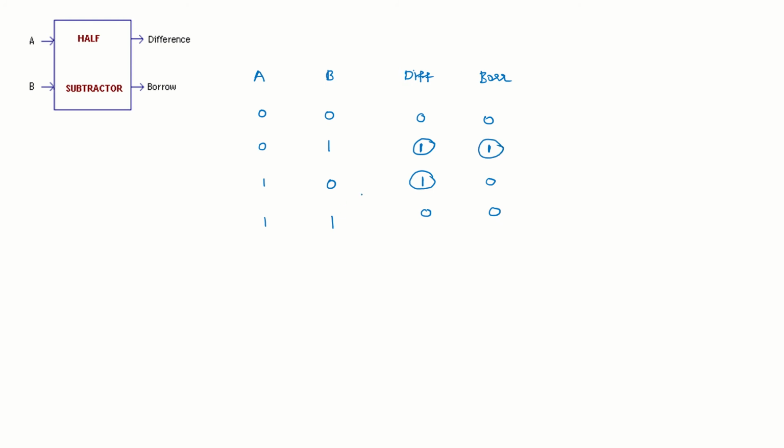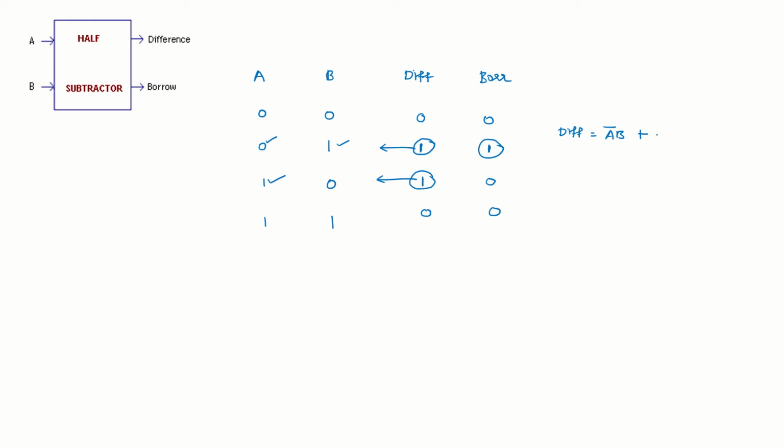We need to now derive an expression for difference and borrow. Let's first go ahead and derive the expression for difference. So when you get 1, you can get 1 when A is 0, which means A bar, and B is 1. So you can see that here the B is 1. So this is A bar B. And we have got this case also up and running.